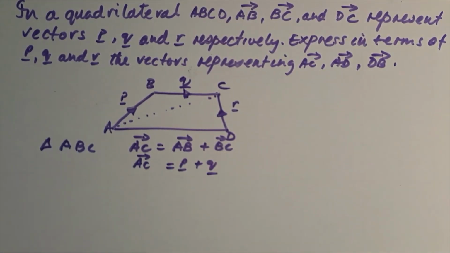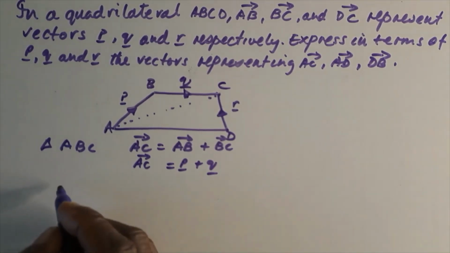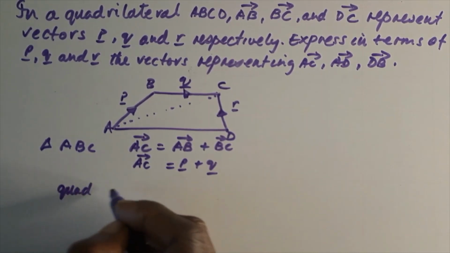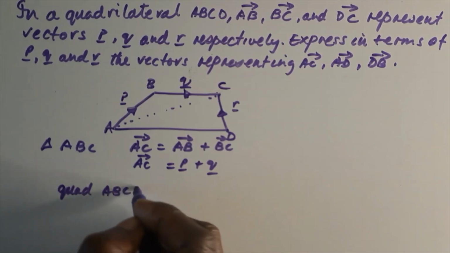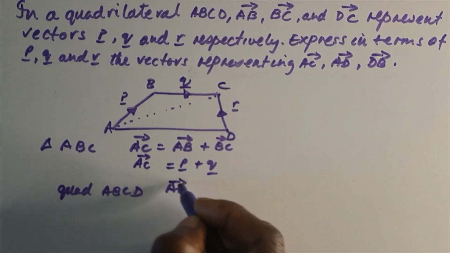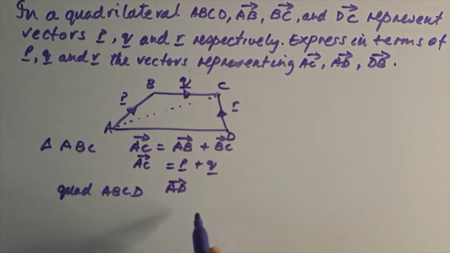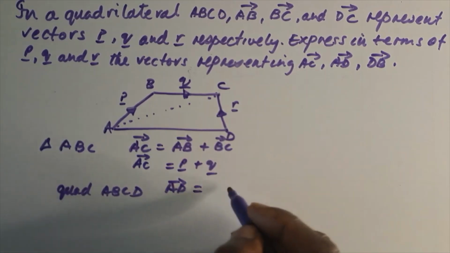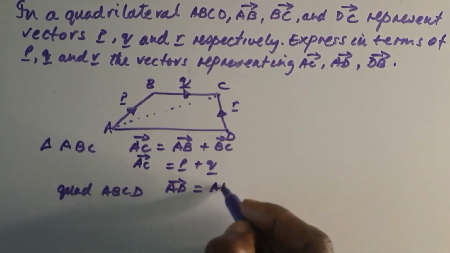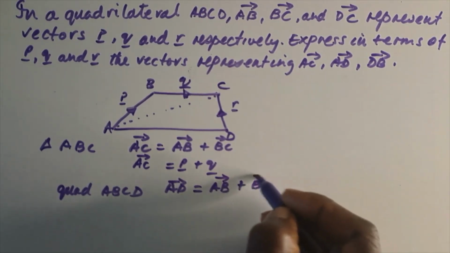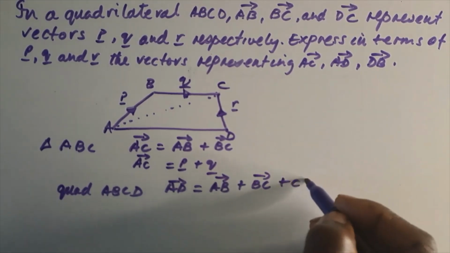So we have AC. Next, we look at the quadrilateral, we'll call it QUAD, A, B, C, D. Now we have that AD, the displacement from A to D, is equal to AB added to BC added to CD.